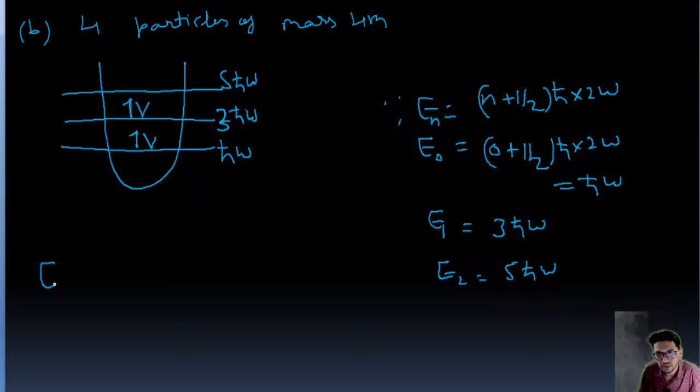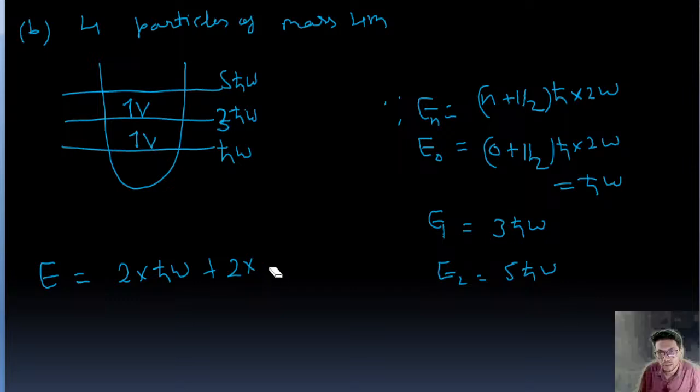So the energy is going to be 2 into h-cut omega for this level, plus 2 into 3 h-cut omega. So this energy is going to be 8 h-cut omega. So for option B, the energy is 8 h-cut omega. So we have to find the lowest energy level, right?